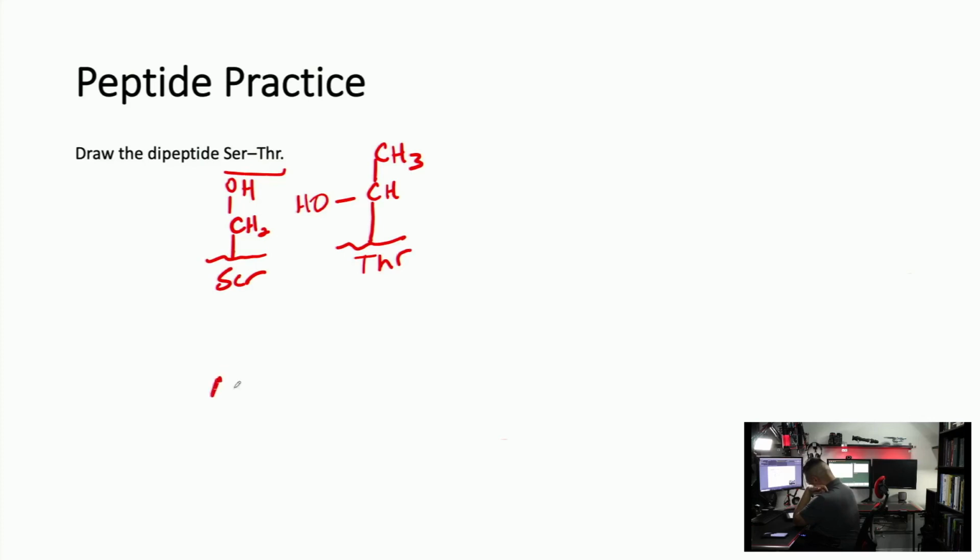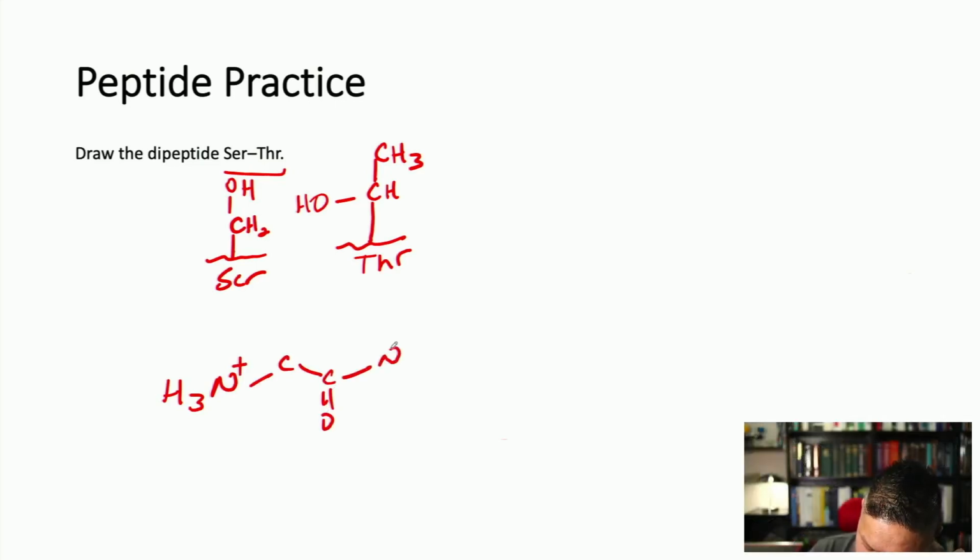I start out by drawing the amine group, NH3+, and then the alpha carbon down to the carboxylate, and then up to the next amine group, to the alpha carbon, and then back to the carboxylate. And remember that this part right here, that's the peptide bond.